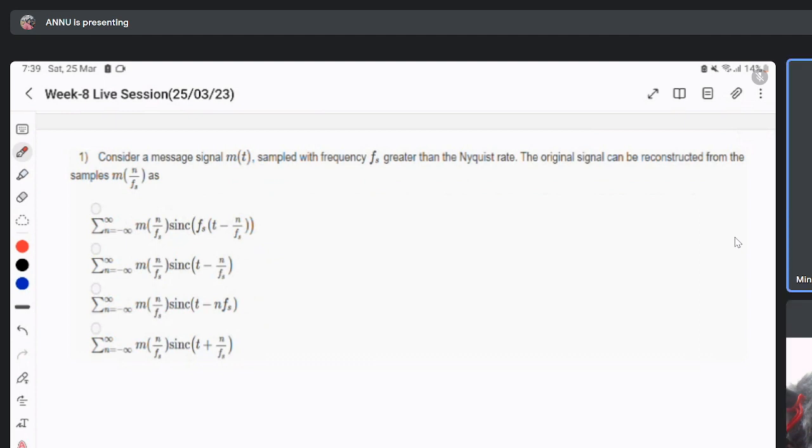In the frequency domain, we will use a simple rectangular pulse, and if we convert that rectangular pulse centered around the sampling frequency into the time domain, then we will get the sinc expression, and we multiply it by the message signal.